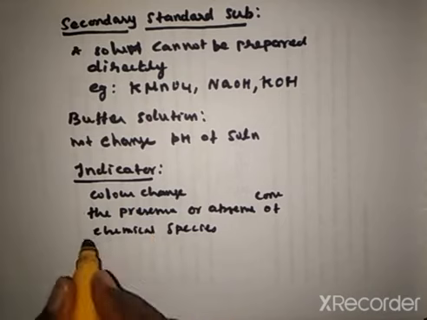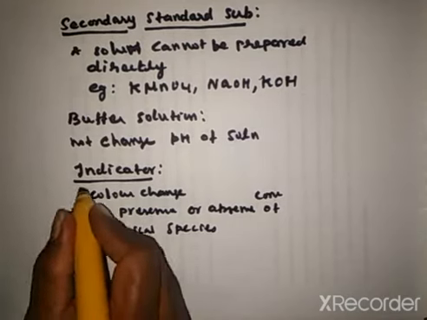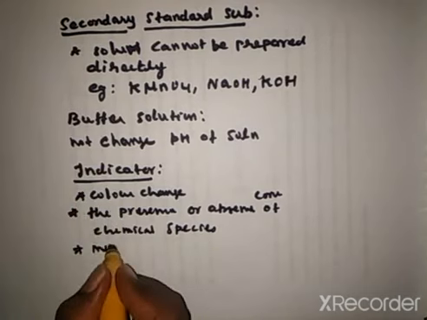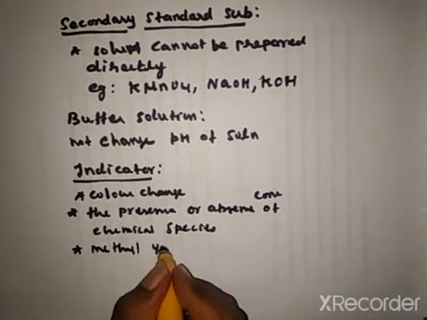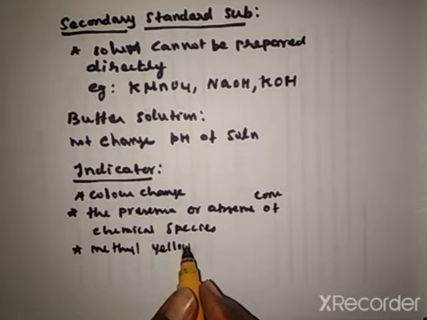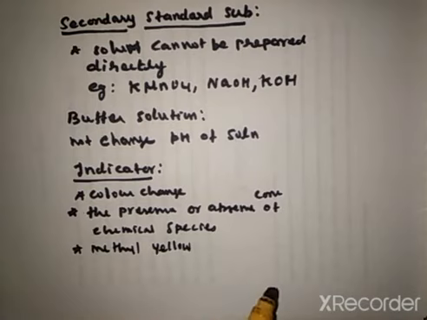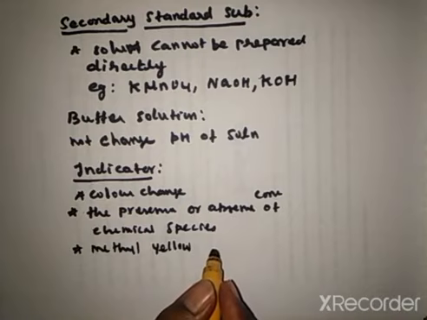For example, methyl yellow. This methyl yellow imparts yellow color to an alkaline solution. So in alkaline solution, methyl yellow gives yellow color. From that we can find out the concentration of the chemical species present in the solution.